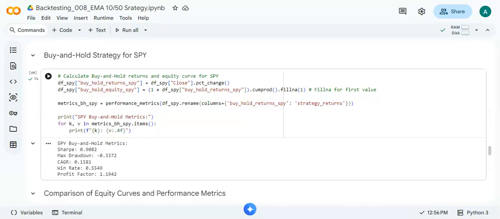So basically we're losing here twice, more than twice if we compare to the previous two strategies. Win rate is more than 50%, good sign, and profit factor is 1.2, so more or less not so far away from the previous two.